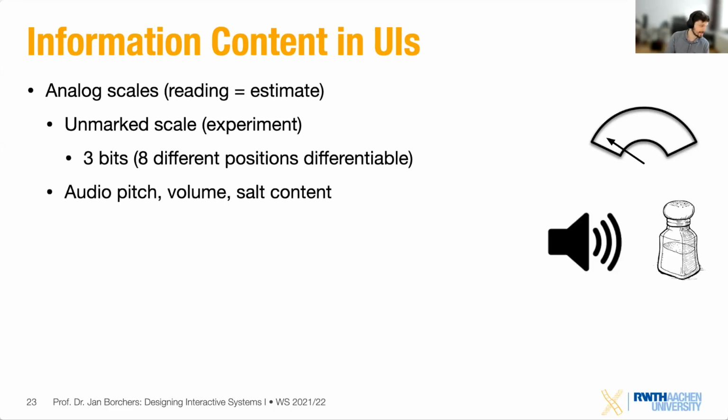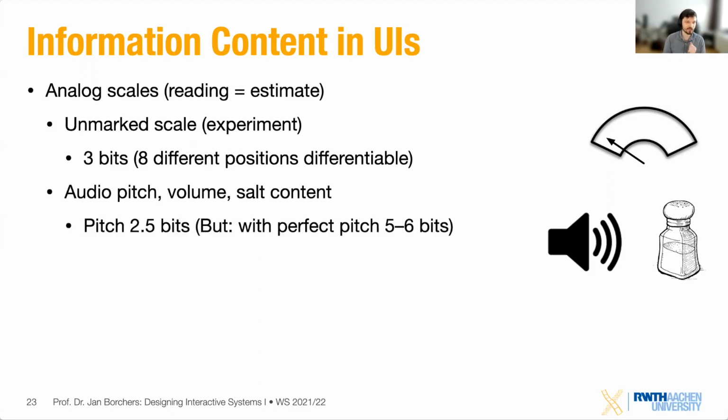We can do the same for very different things, for example, for audio pitch, for volume, or for saltiness. And when it's about the pitch, there we have an information content of around 2.5 bits. But of course, this is a very subjective thing.